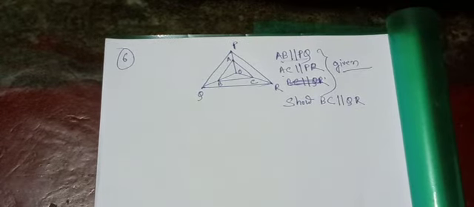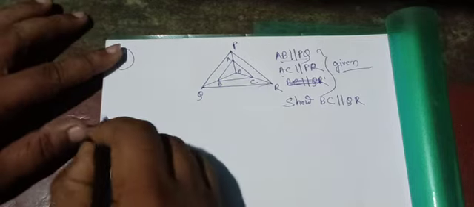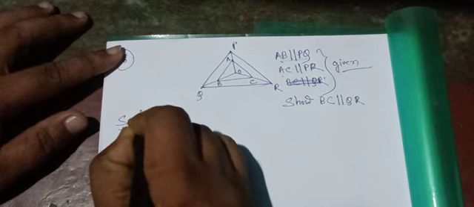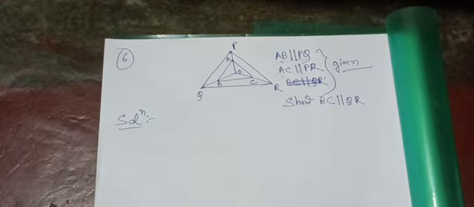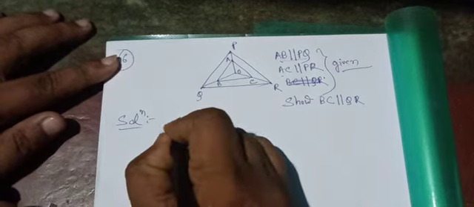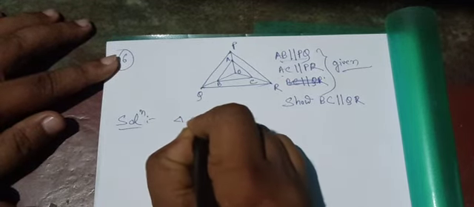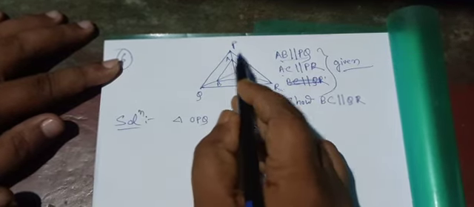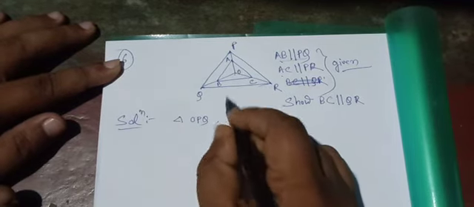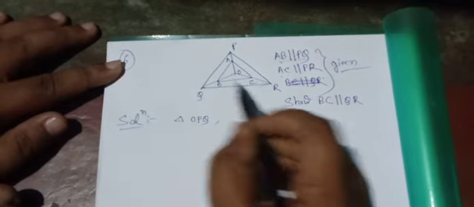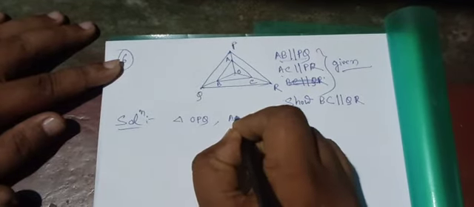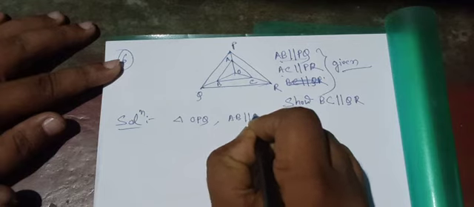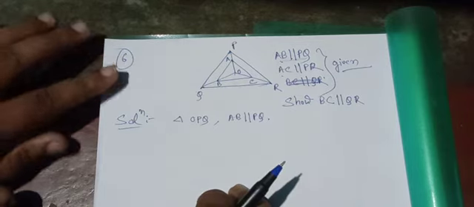So how can we solve it? Now here comes the solution. Considering the triangle OPQ, AB is parallel to PQ, it is given.